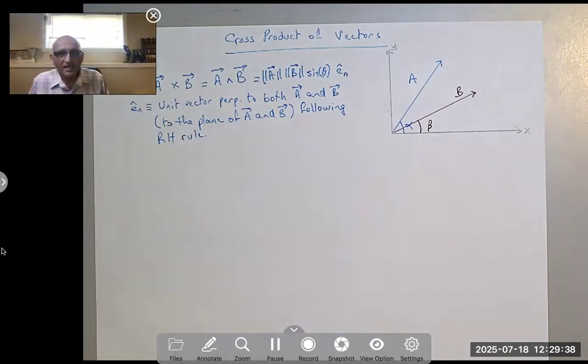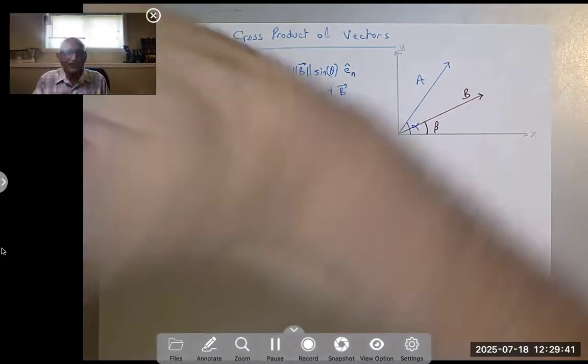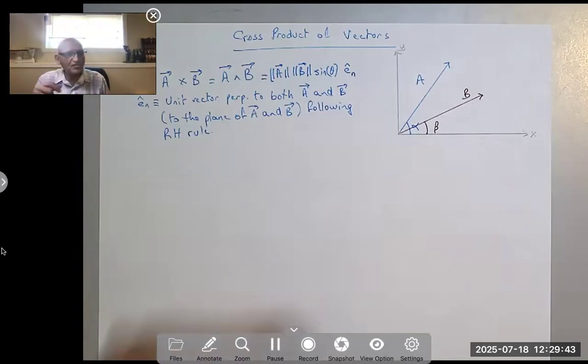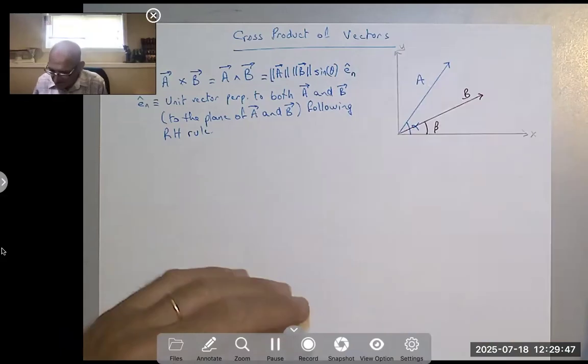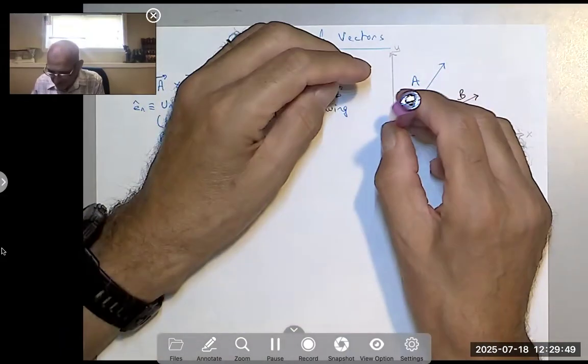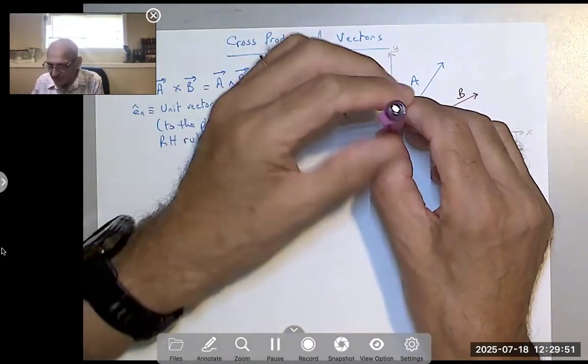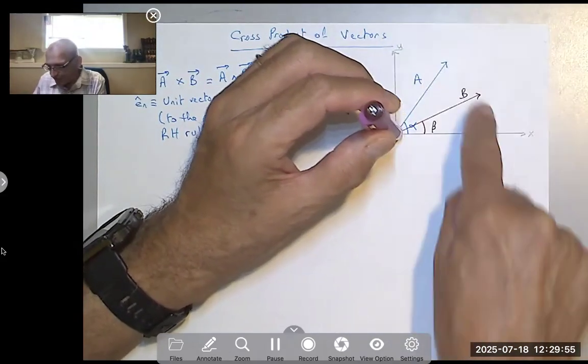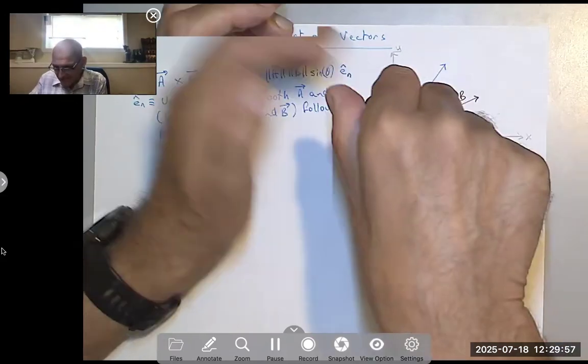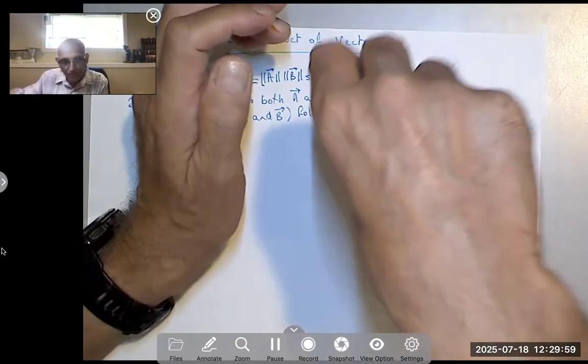Remember we said they tell you to use your fingers, and I said it's easier to use a screwdriver or just a bottle cap. So if I have a bottle here in the XY plane where the two vectors meet, and I turn it from X to Y, or from B to A, like that, it will move up.